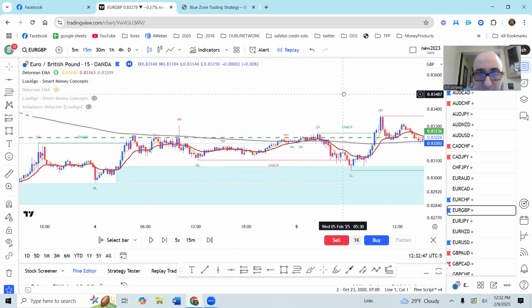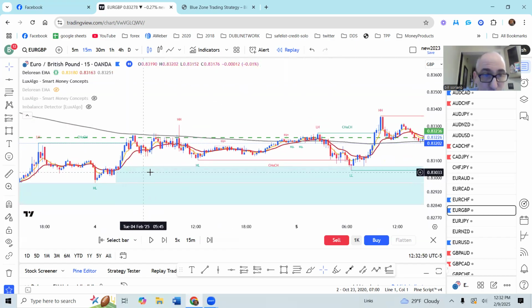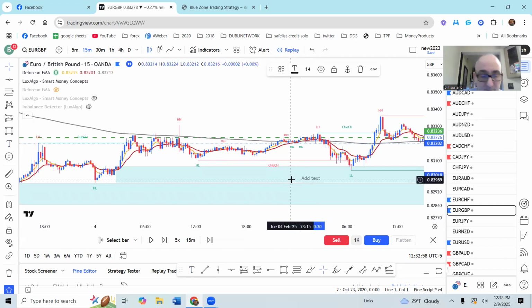I could take a trade right there. I could set my buy limit on here, and this is my 15-minute demand zone, right? This is my refined demand zone, okay?